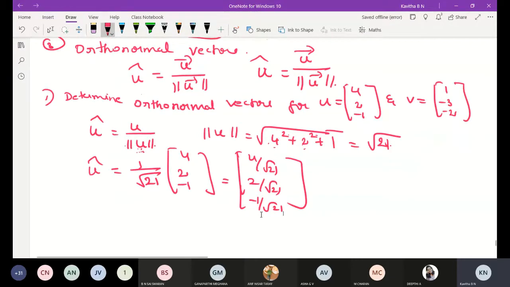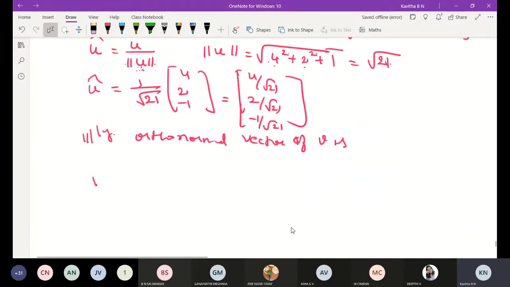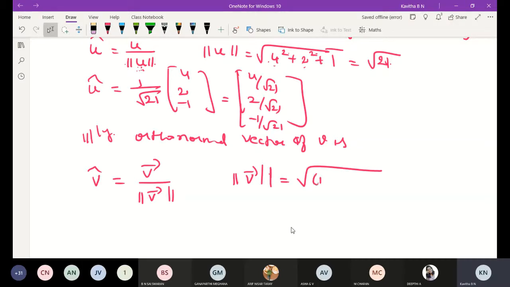Similarly, the orthonormal vector of v: v cap is equal to v vector divided by modulus of v vector. Here v vector is 1, minus 3, minus 2, so modulus is square root of 1 square plus minus 3 whole square plus minus 2 whole square.